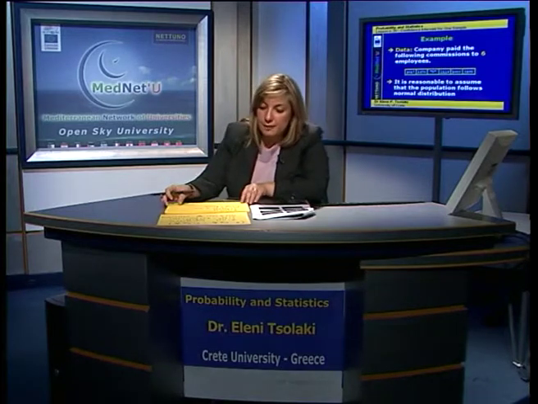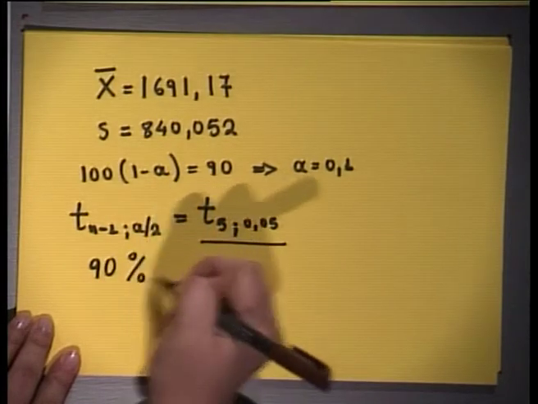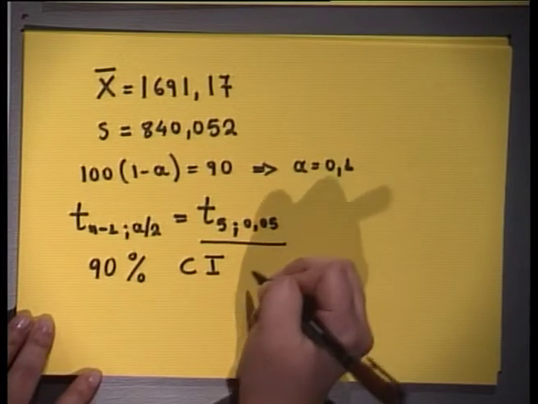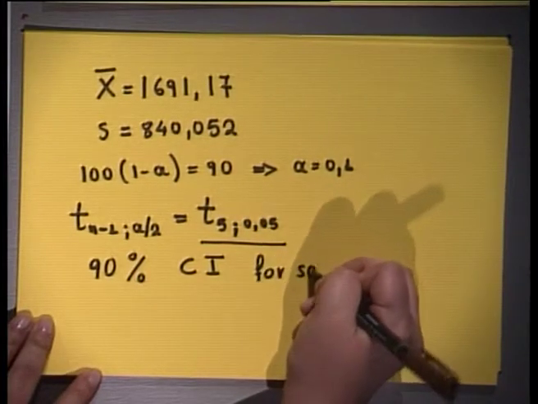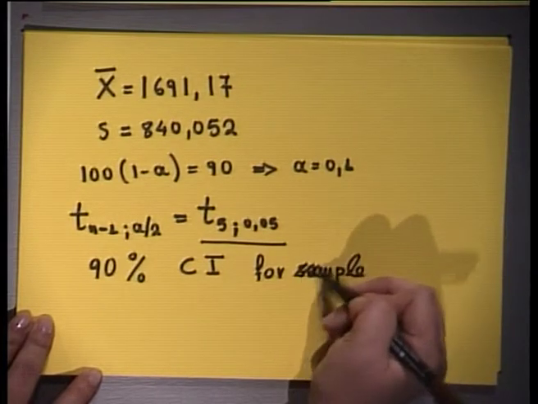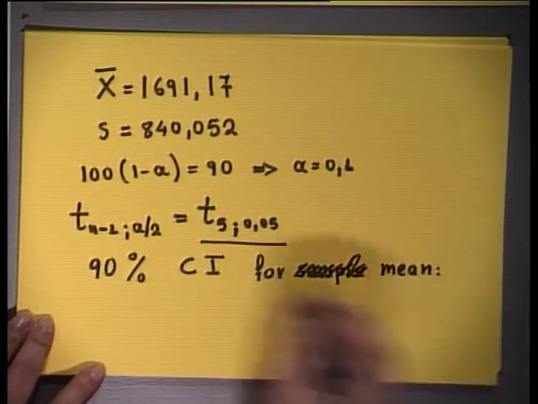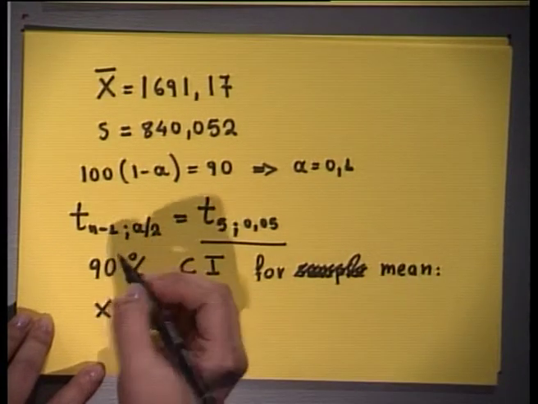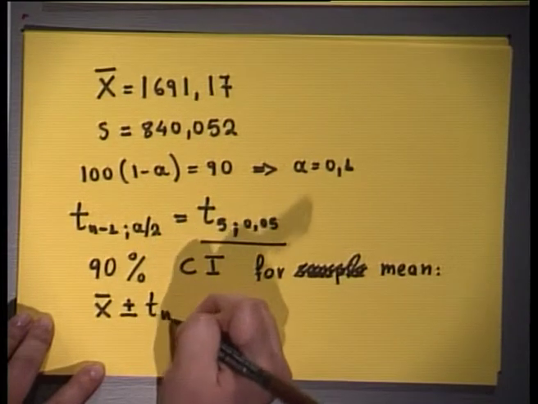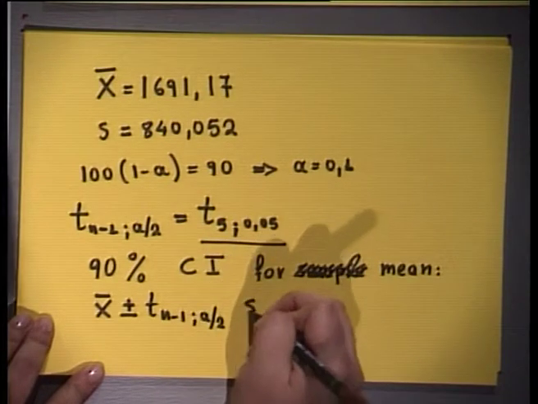Now what we have is that our 90% confidence interval for the sample mean will be given, as we have seen, by the formula here.